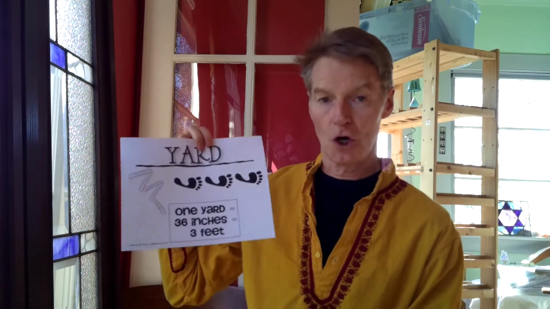A yard, or yard, as I would pronounce it, 1 yard equals 36 inches or 3 feet. Those are the measurements we will be spending some time with. Longer distances can be measured in the United States system in miles. A mile equals 5,000, want to read it with me? 5,280 feet.